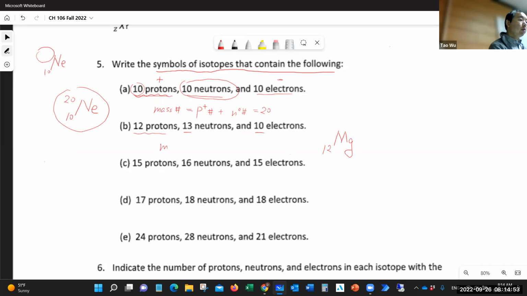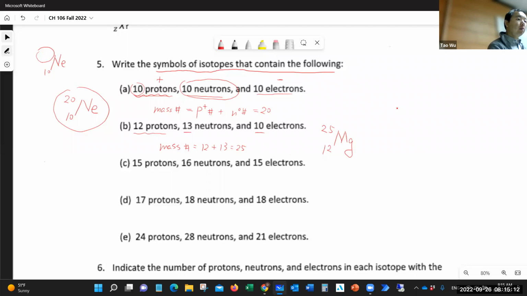The mass number is equal to the protons, 12, plus the neutrons, 13. So in total we have 25. You write 25 on the top left.